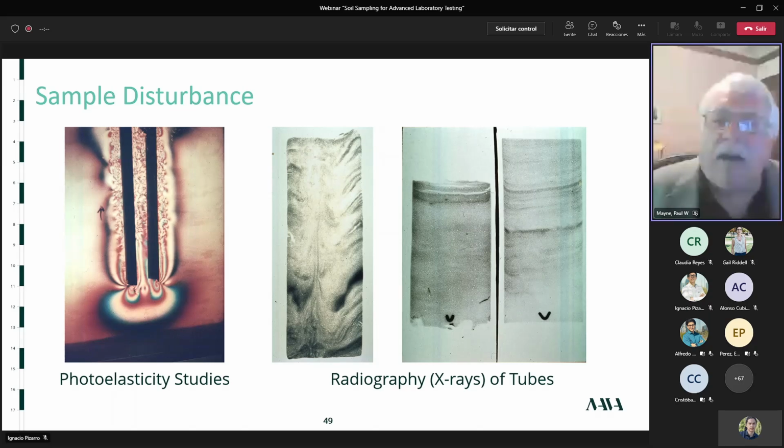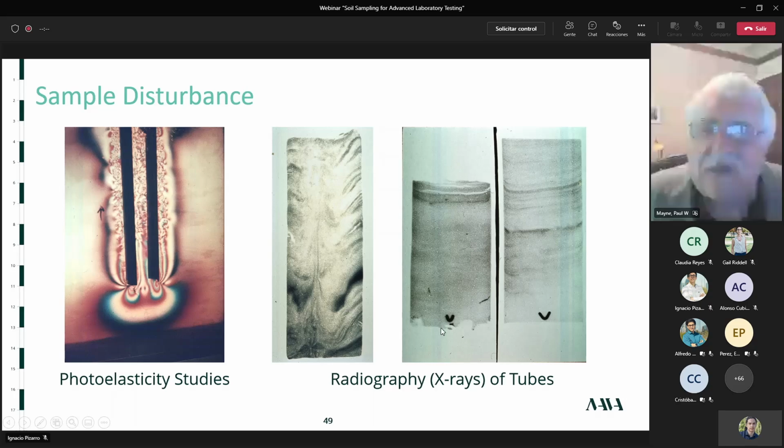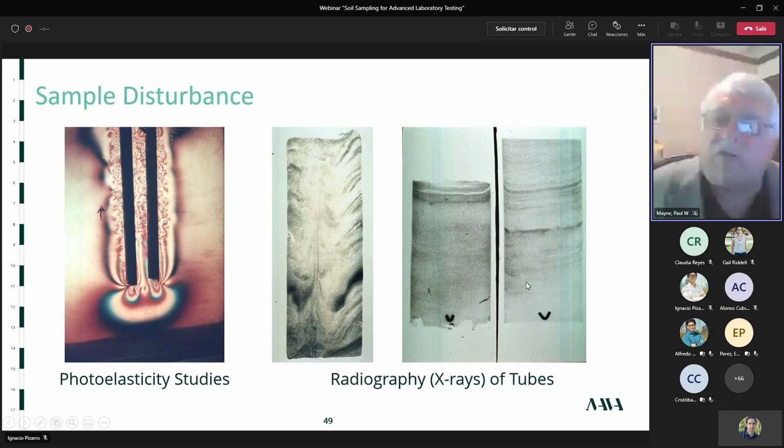And you can see perhaps the sample in the middle of those 3 is probably the one that has the least amount of sample disturbance. The one on the far right, you can see that there's some side friction where the ends of the little layering, the fabric in the soil, are starting to catch on the sides due to friction and get pulled up. So that's obviously something undesirable.